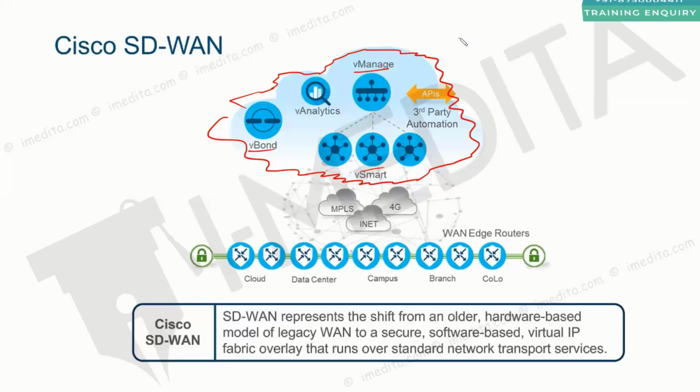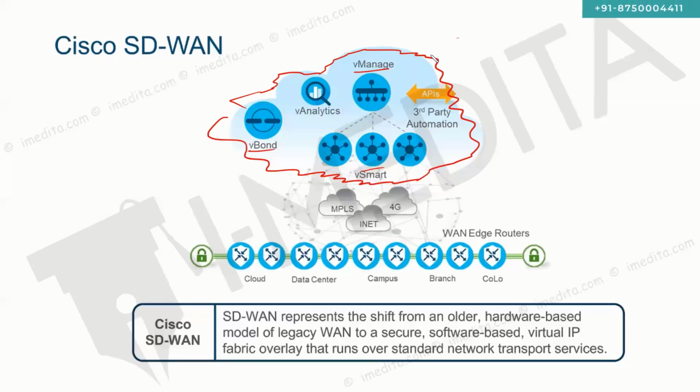Then we have Silver Peak, which is from HP nowadays, or Aruba SD-WAN. You call it HP SD-WAN or Aruba SD-WAN, it's the same thing. And you have your Versa, Nokia, Juniper CSO or Juniper SD-WAN. So you have so many different options out there in the market.